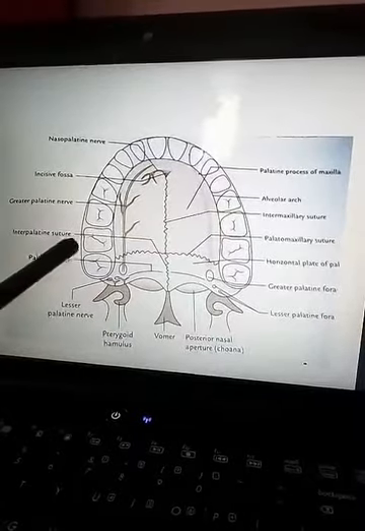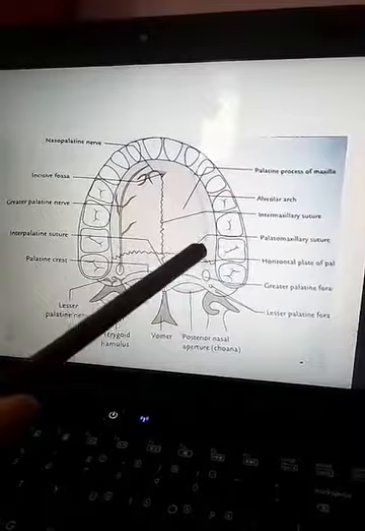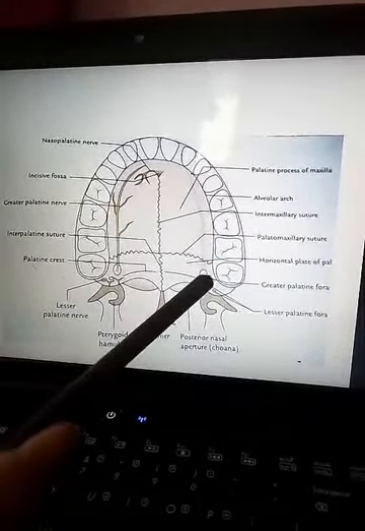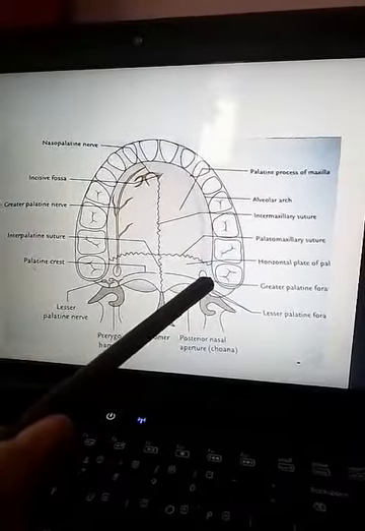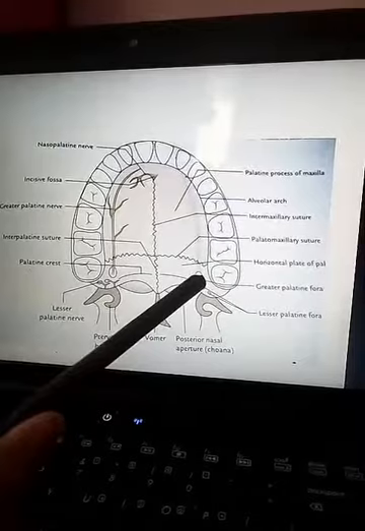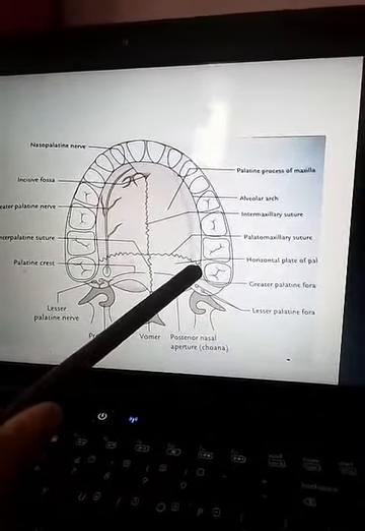Now arterial supply: this is by the greater palatine arteries from the third part of maxillary artery. Each artery emerges from the greater palatine foramen and passes forwards around the palate to enter the incisive canal.